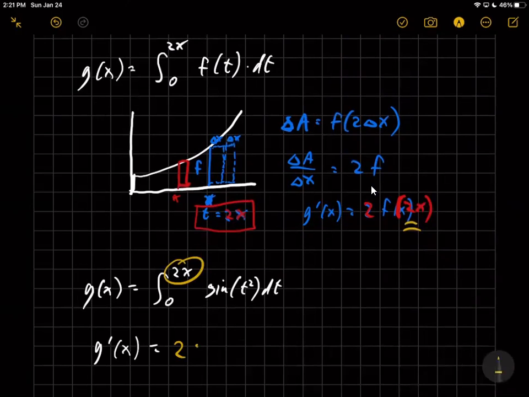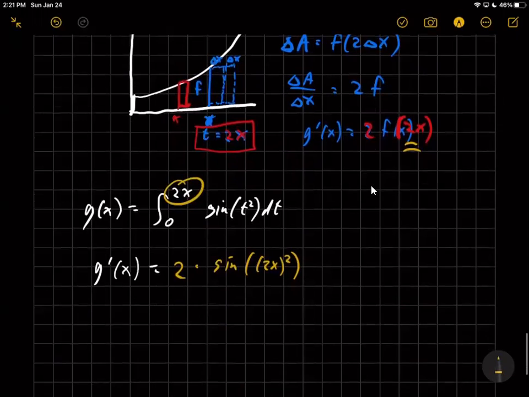And then we would take the sine of t squared and substitute 2x. So we would get the sine of the quantity 2x squared, because that is the height where we are. And then we multiply by 2 because the widths are changing twice as fast. And then the lower limit won't matter. Okay, so that's what we have to do here.